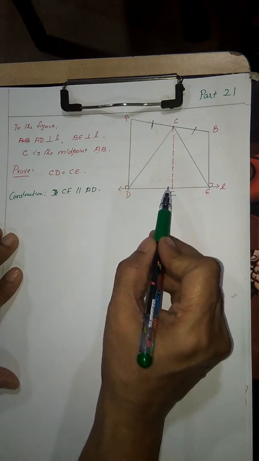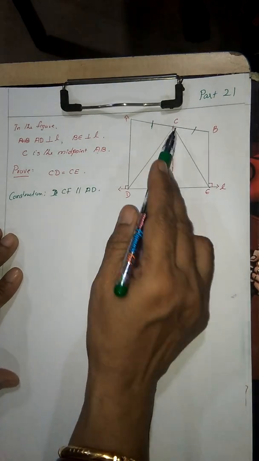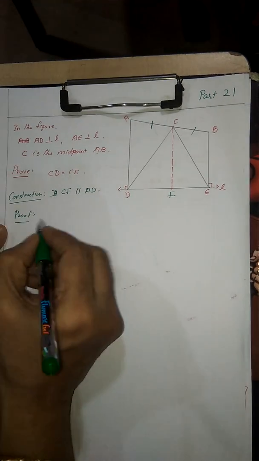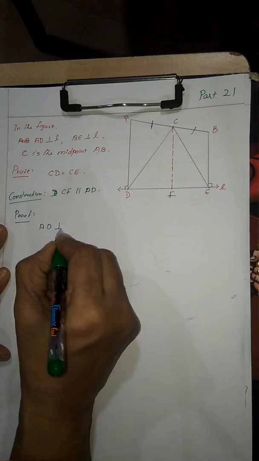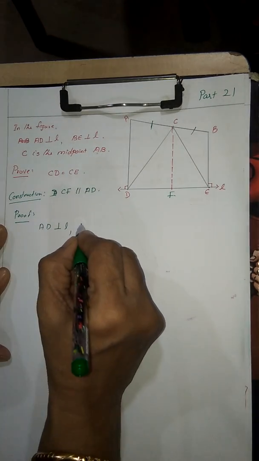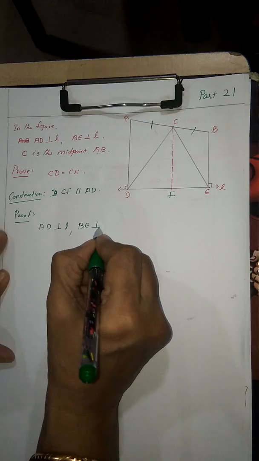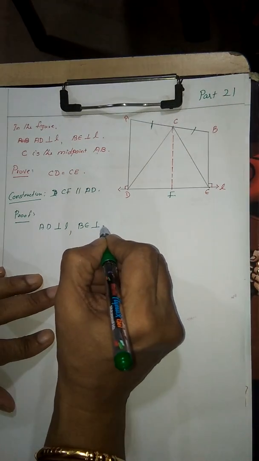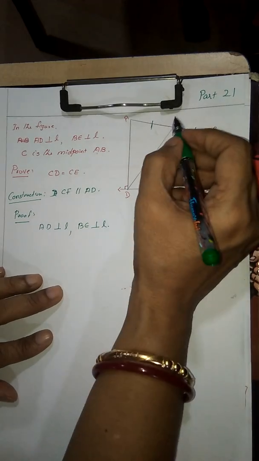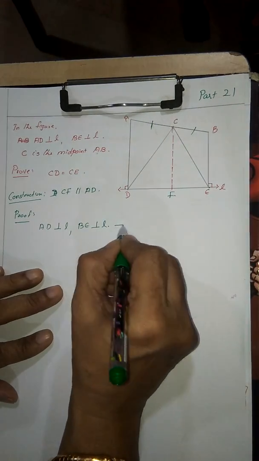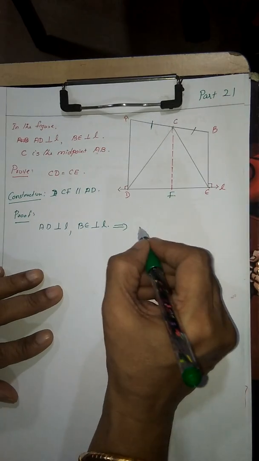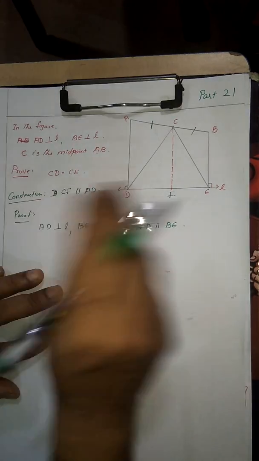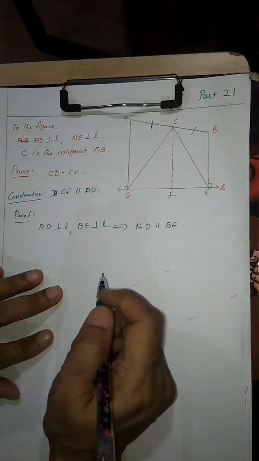So proof: we have AD perpendicular to L, BE perpendicular to L, and from this we get AD is parallel to BE.